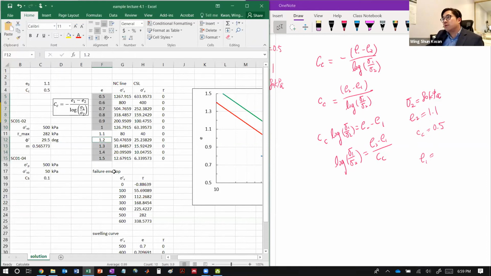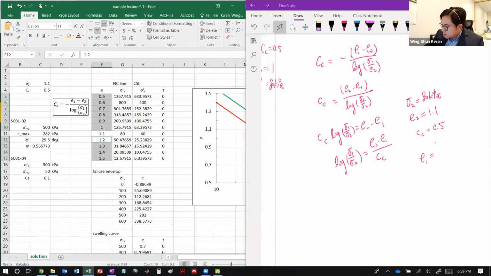So what we are trying to do is solve for the sigma 1 corresponding to those e1s, which could be 0.5, 0.6, 0.7, 0.8, up to 1.5.